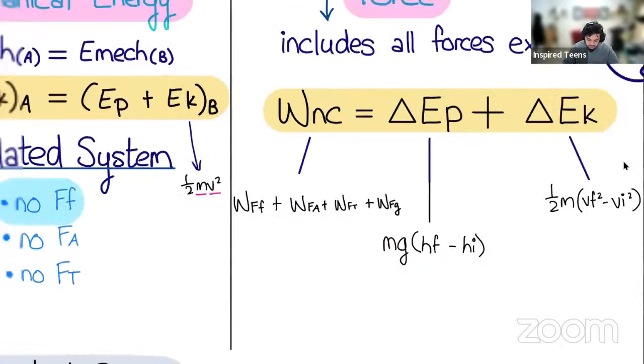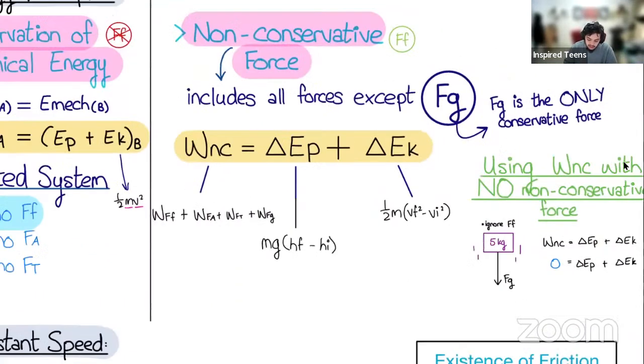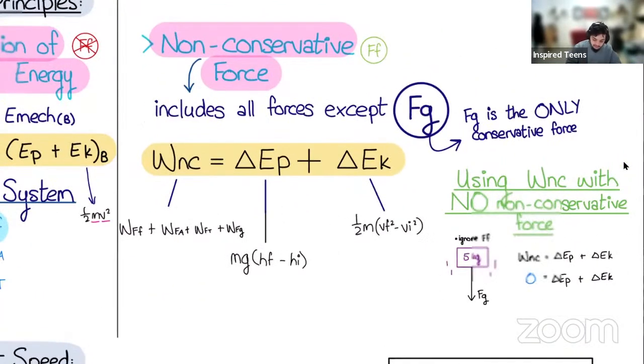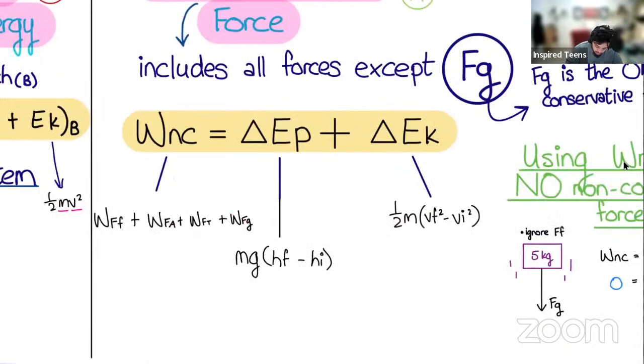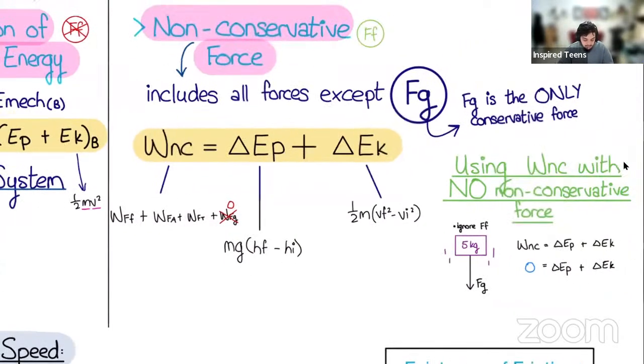Now I know what you're saying, Fg is not a non-conservative force, but remember, we could substitute it as 0. So it's no use adding it, right? If for some reason you added it in your algebraic sum, you would have to substitute 0, because gravity is not a non-conservative force. So just keep that in mind.